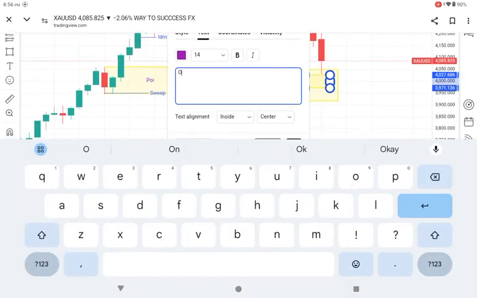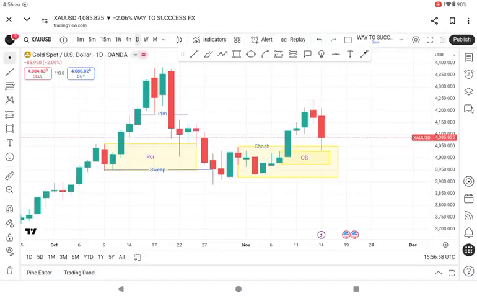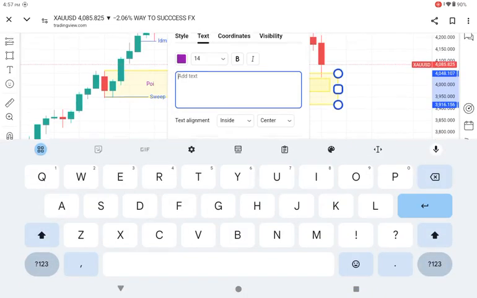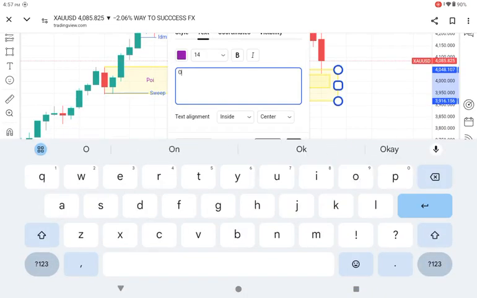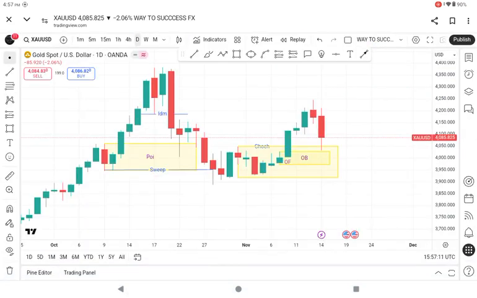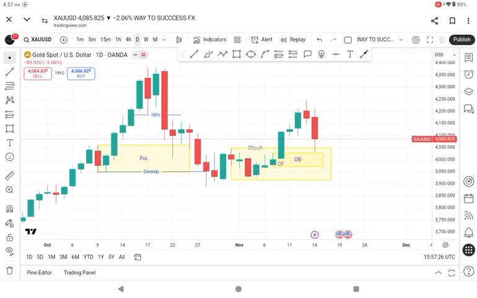Here are the two things I have, the order flow and the order block. The bigger box is the order flow, while the refinement of the order flow is this order block here. Now price is sitting on that level.